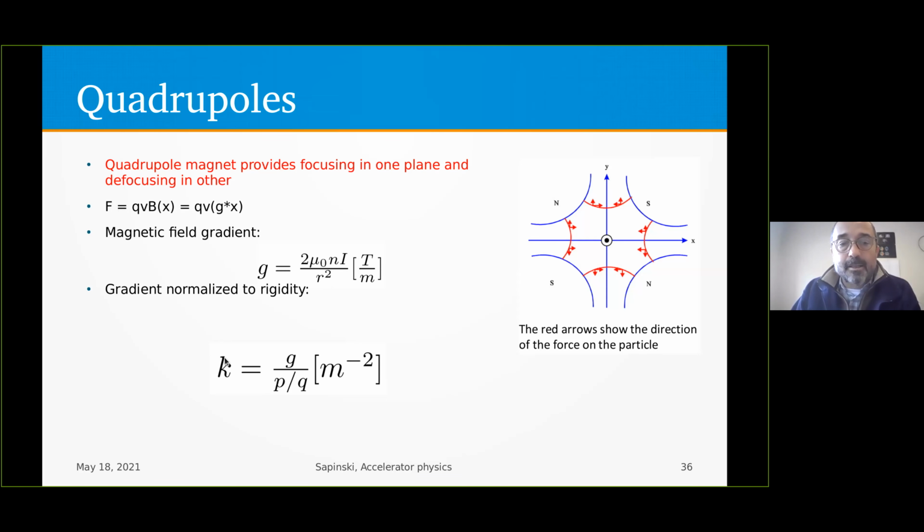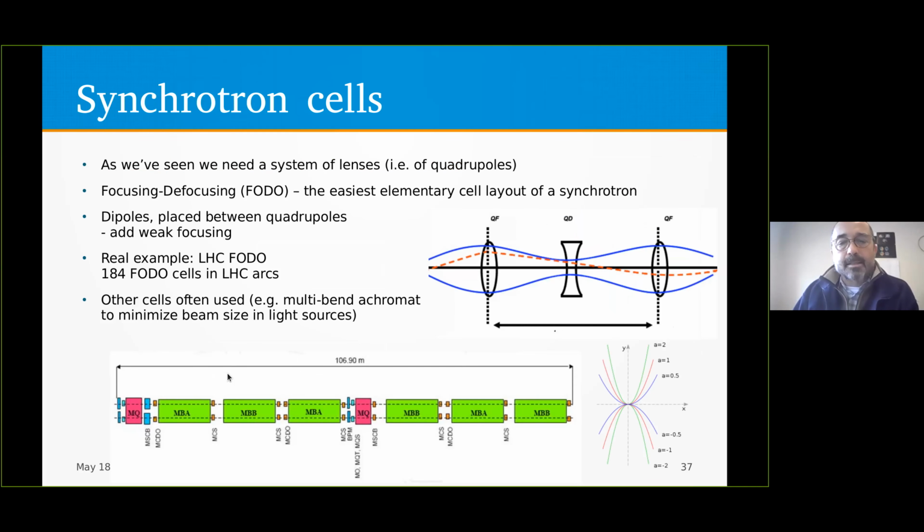This is very nice. We use it all the time for calculating properties of accelerating structures, of the lattice. We call it lattice, the focusing systems.